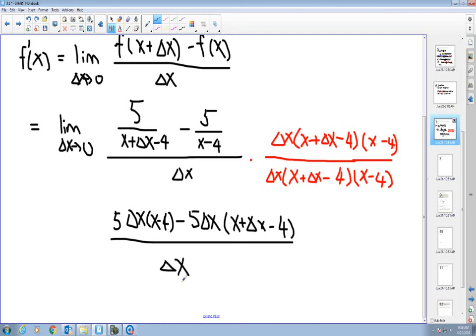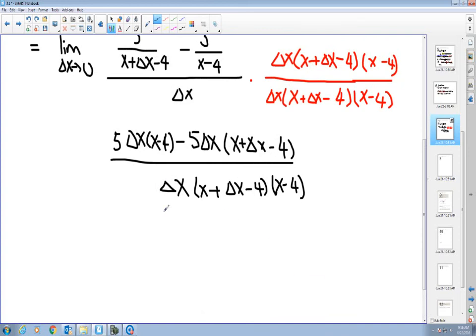delta x times x plus delta x minus 4 times x minus 4. All right, let's multiply this top out here real quick. I'm not going to do the bottom.